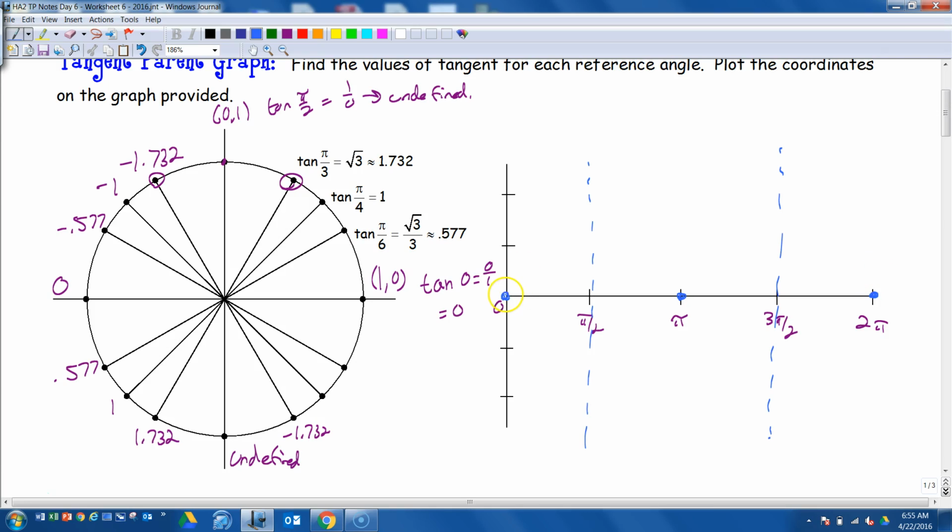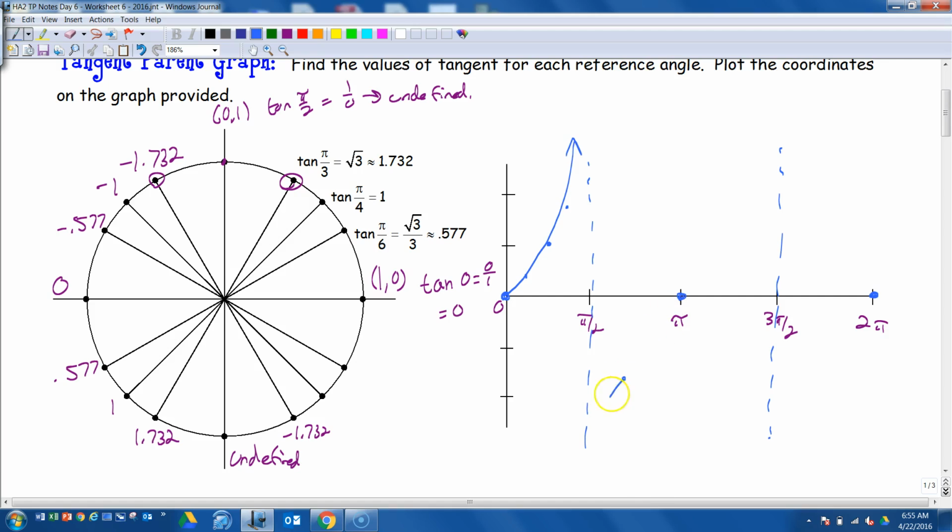And then notice what happens. At 0, then at pi over 6 we're at 0.5, so we're about here. Then at pi over 4 we're at 1, and then we're up here. So what it looks like is this, and it approaches this forever. It gets bigger and bigger and bigger. Then on the other side of this, it's at negative 1.732, right about here.